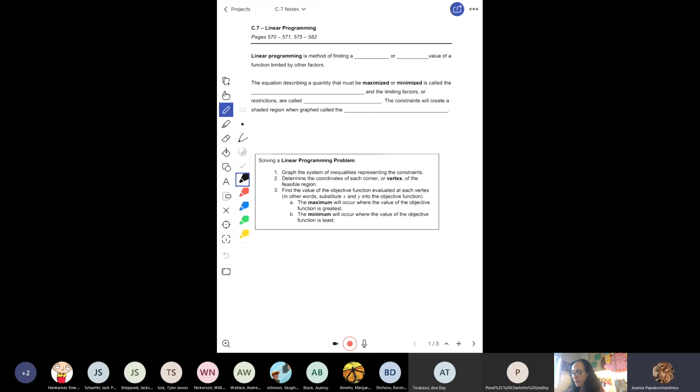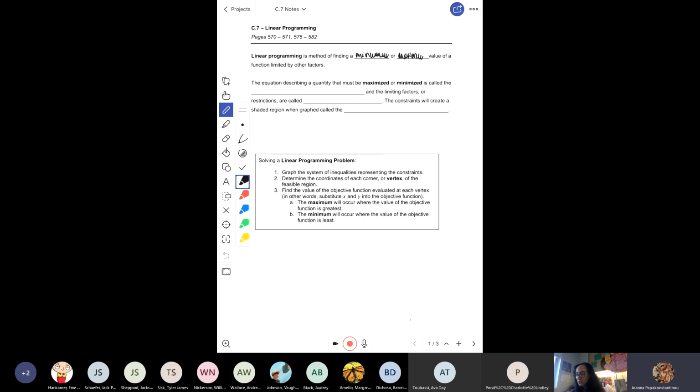So linear programming is a method of finding a minimum or a maximum value of a function given some other limitations, some other factors, some other constraints.